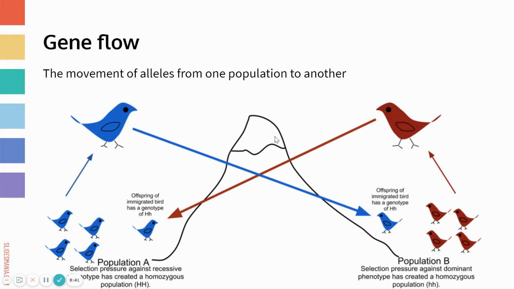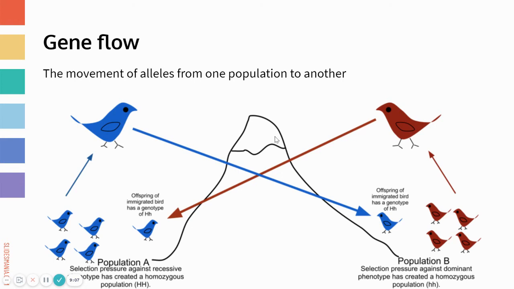Okay, the next force of evolution is called gene flow. This is when alleles are moved from one population to another. And obviously, the alleles aren't getting up and moving themselves. They're coming with an organism. So for mobile organisms that can move, they can just bring their alleles with them and introduce them into a new population.